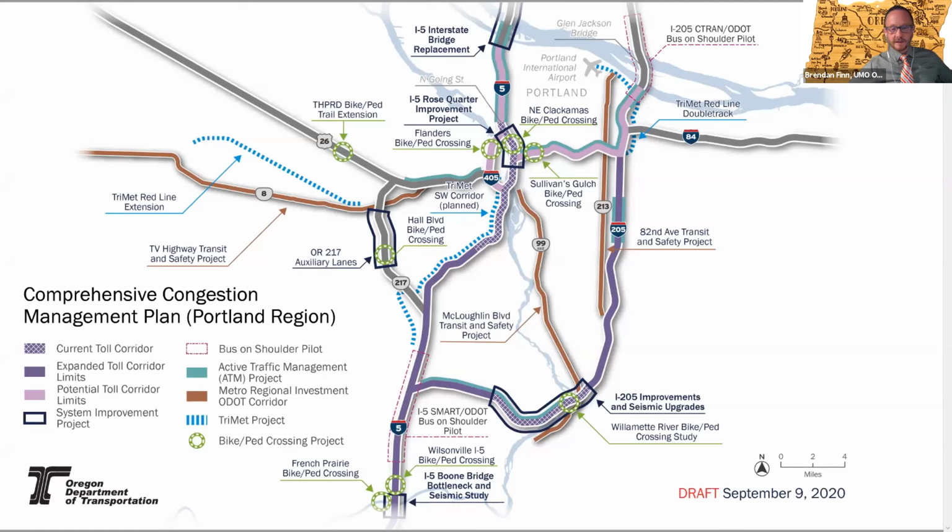It's only been about a week and a half since we've been at it. So just for the edification of the rest of the commission, the OTC, and then subsequently the Joint Commission on Transportation for the Oregon State Legislature did direct us to implementing this plan and coming back with a financial plan regarding its implementation.